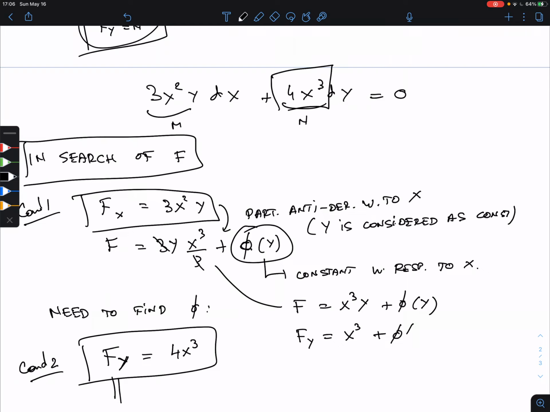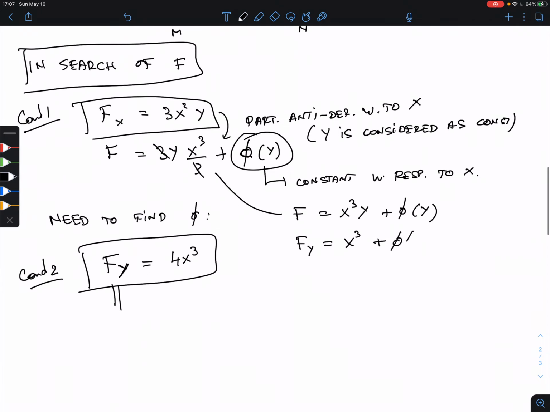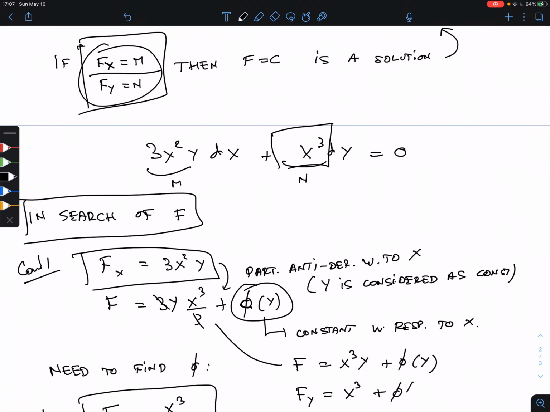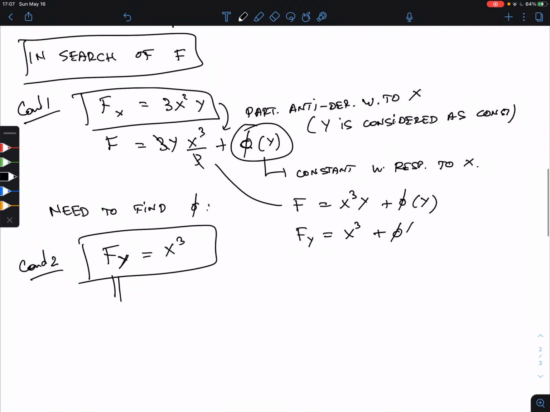There should be no 4 here. I'm sorry, I copied this wrong. There's no 4 here, x cubed. This was the right thing, x cubed.